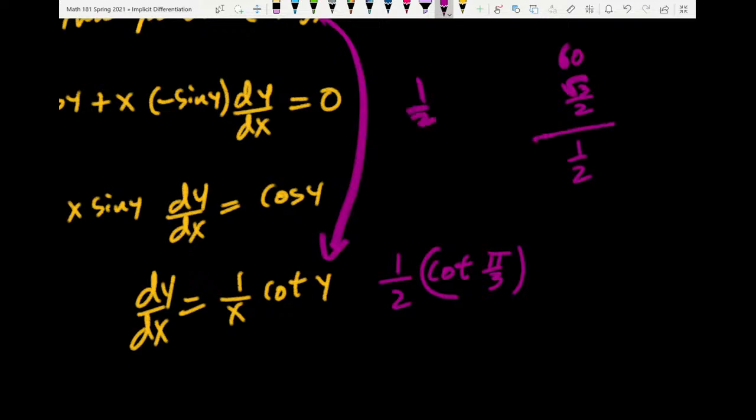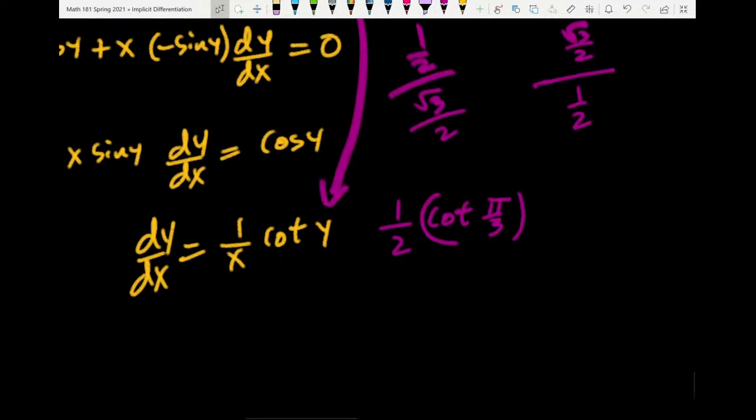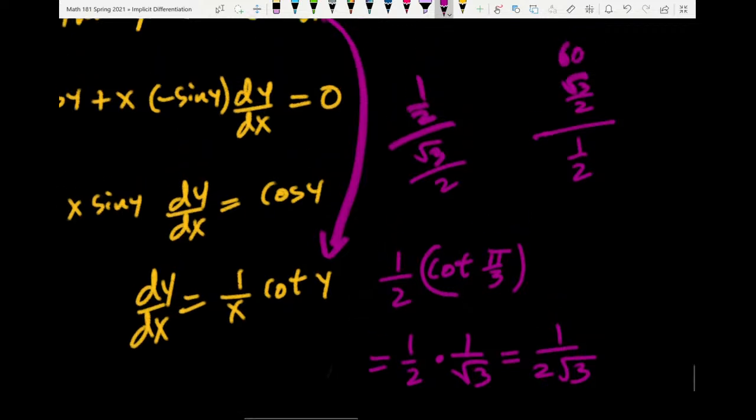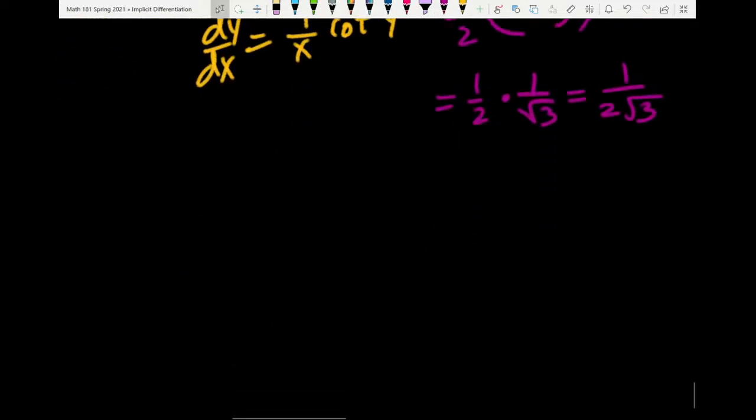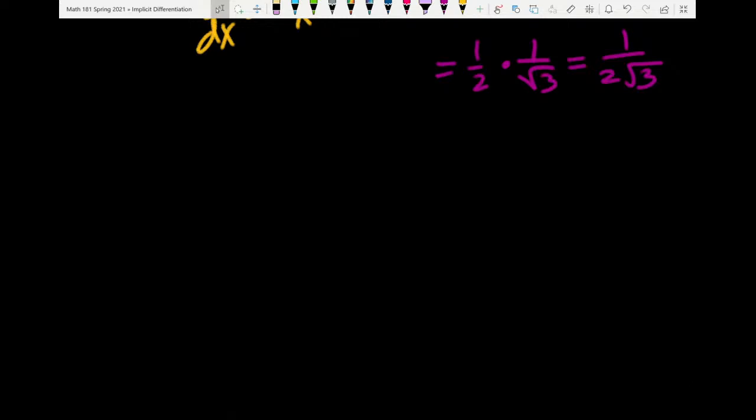It's the other way around, 1/2 over square root of 3 over 2. So I just get, oh, that's easy. I get 1/2 times 1 over square root of 3. I just did the calculation in my head. What is cotangent of pi over 3? That is something you learn in your Math 127.